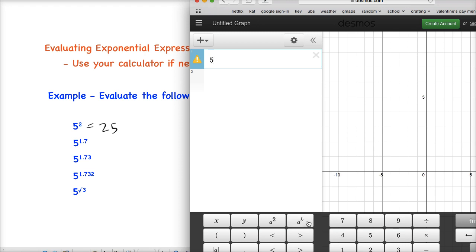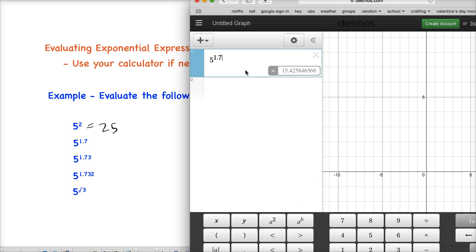When I hit this a to the b, it puts the cursor up in the exponent, so it moves it up so that it's a superscript. So we could type in 1.7, and there's our answer there, 15.426 if we rounded that to 3 decimal places.